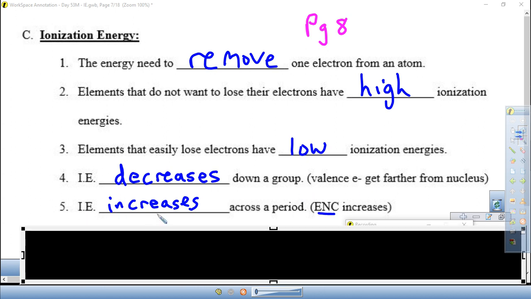And then as you go left to right across the periodic table, the ionization energy is going to increase because the elements in that same period all have the same number of shells of electrons. So distance is relatively stable, the same, but the ENC is dramatically changing, right? +1, +2, +3, +4. So ENC increases from left to right.